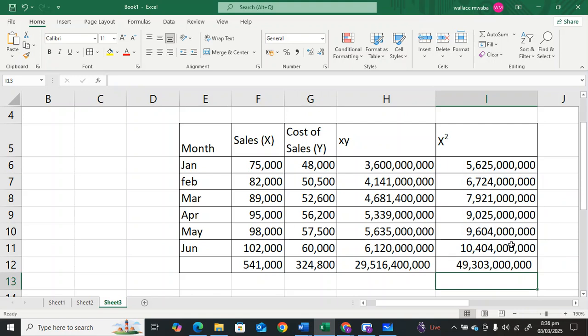Yes, you get your totals. This is all the information that we need so that we can put it in our formula.